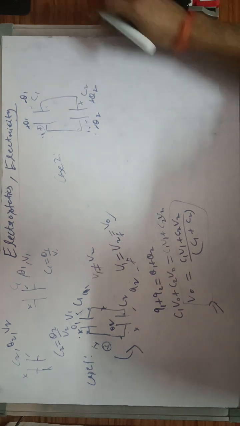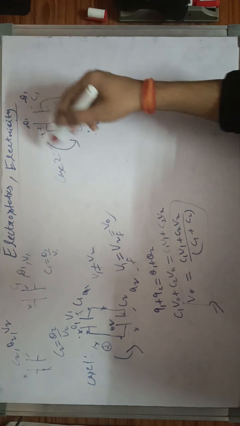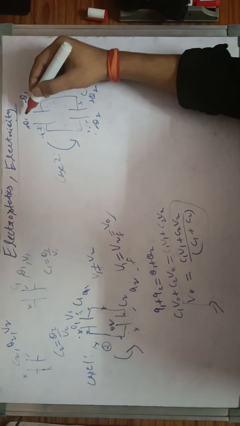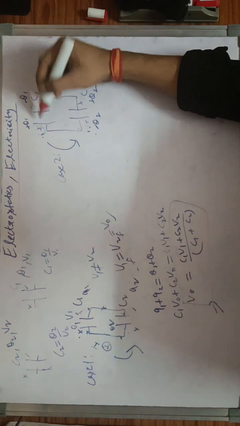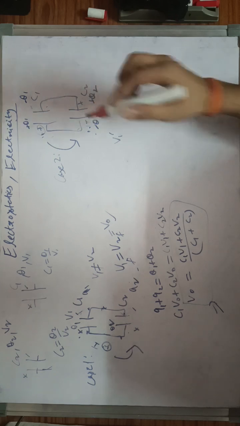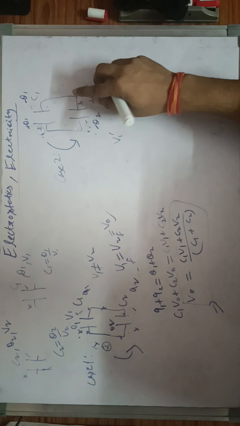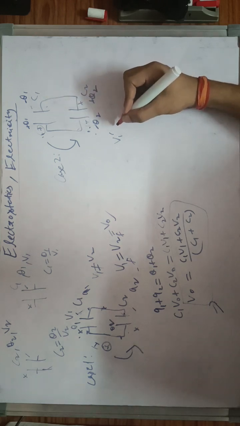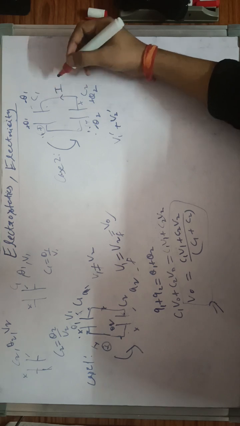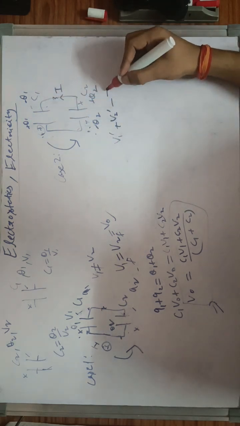Why can't it happen? Because let's say I take the potential across the loop in this anti-clockwise manner, and at any instant the potential difference across this capacitor is V1 dash. If it is negative here and positive here, then the potential difference across this would be plus V2 dash, and the current here would be I, and with some resistance, it would be minus IR.